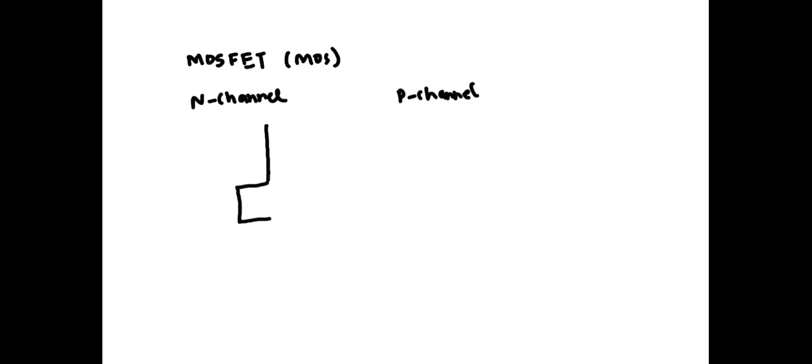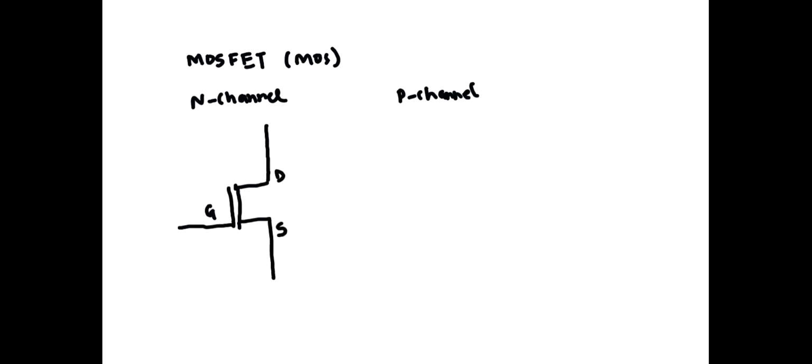As you can see, this is a terminal called gate. This is a terminal called drain, and this is a terminal called source. Now, what I'll do here, I will draw and tell you the voltages and the currents.